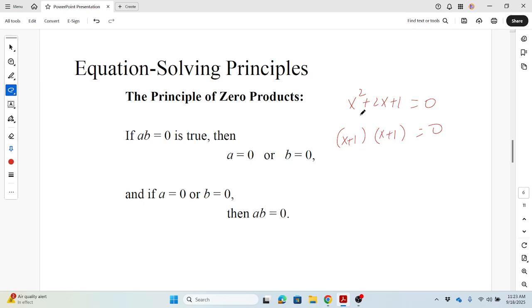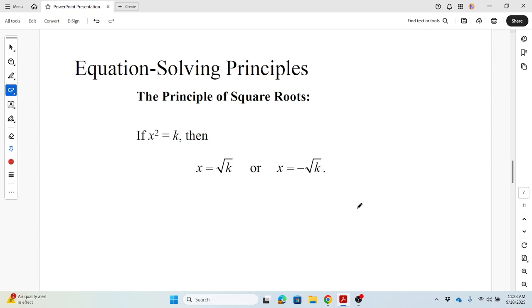If you multiply them, this is what you are going to get. Now the product of them is 0, so according to the zero product property, at least one of them, in this case it's the same, is supposed to be 0. That's called zero product property. And now you can solve: x equals -1. Principle of zero product property.